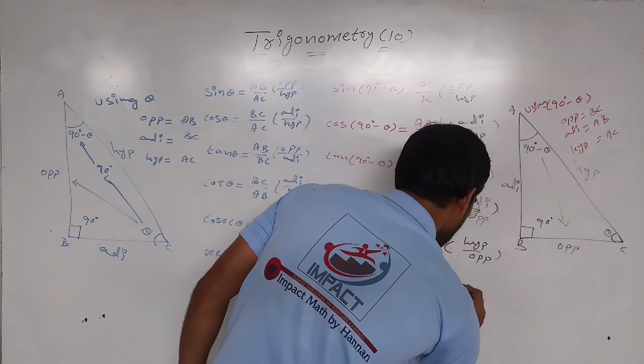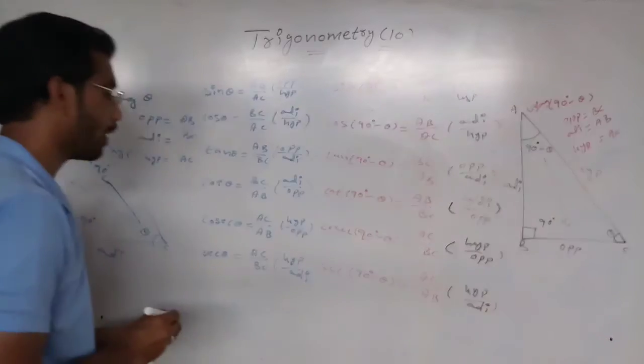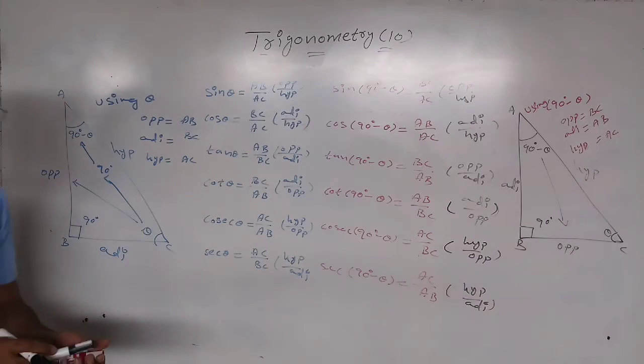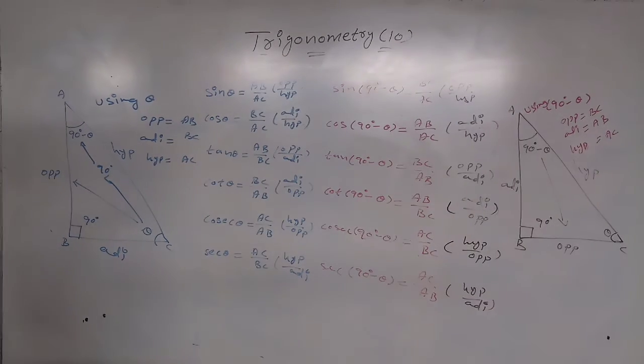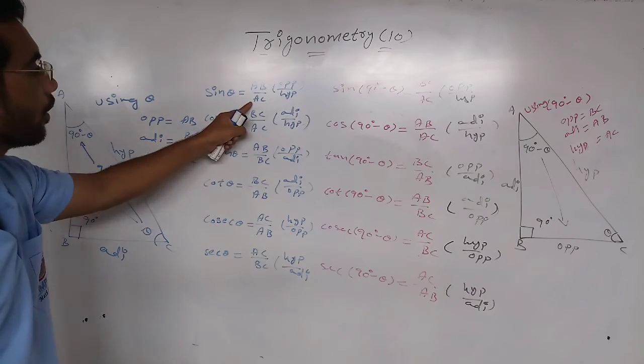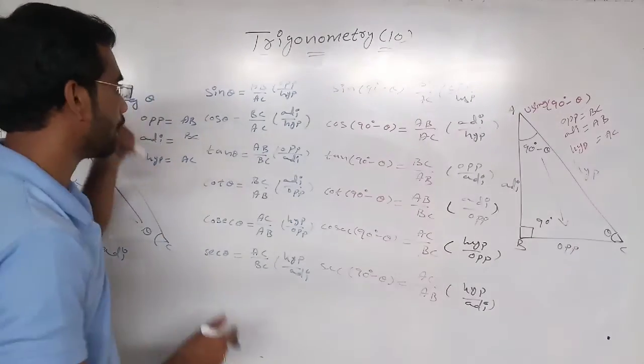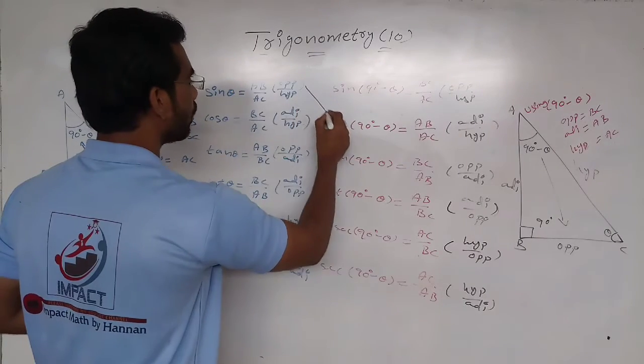Next, hypotenuse by adjacent side. If you see it clearly, you will find that sin theta is AB by AC. Where is one more AB by AC? AB by AC. Okay.